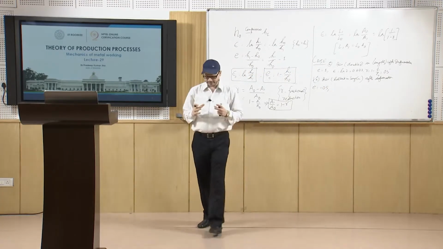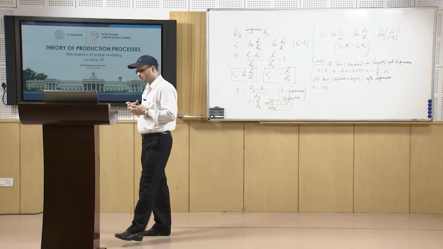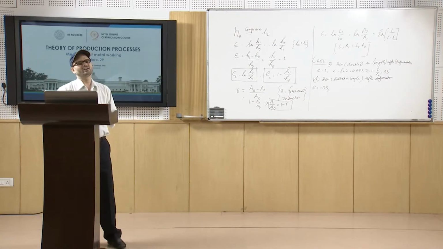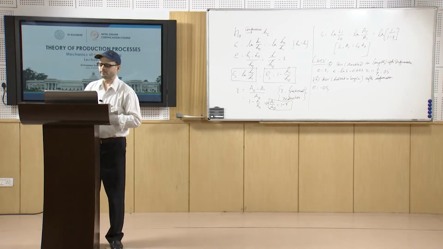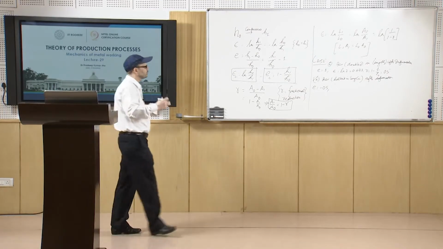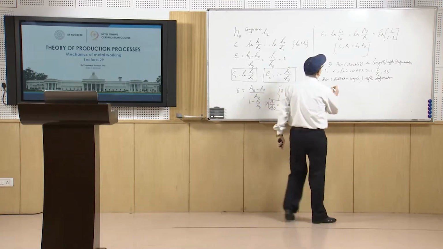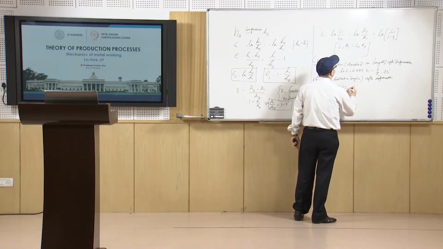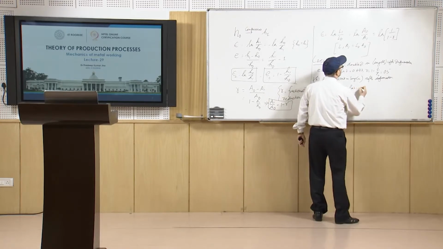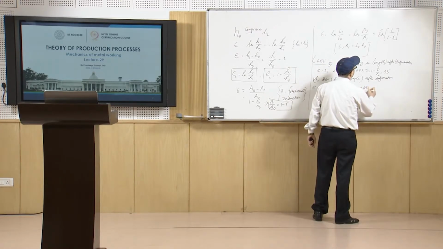Similarly, the true strain will be ln of 1 by 2, so minus ln 2, that is minus 0.693.